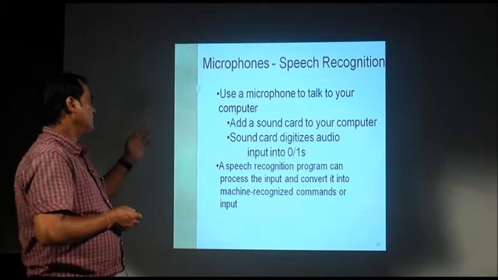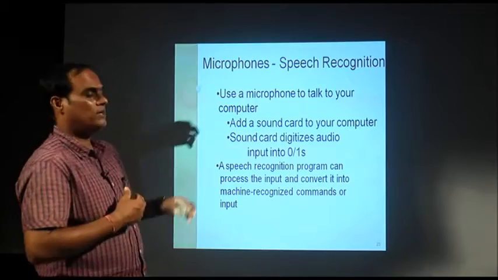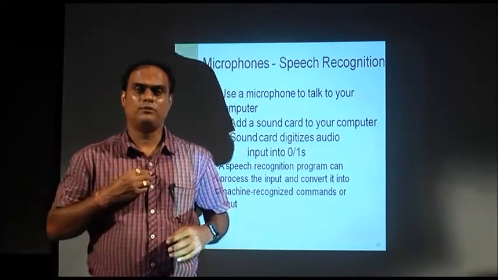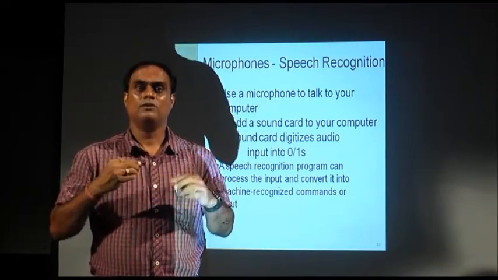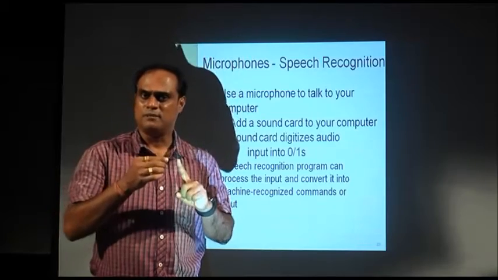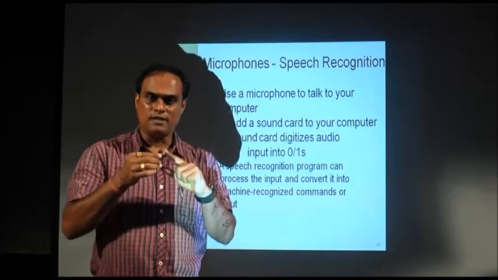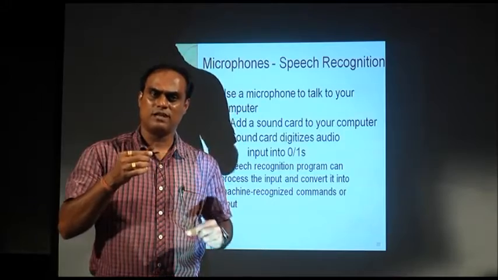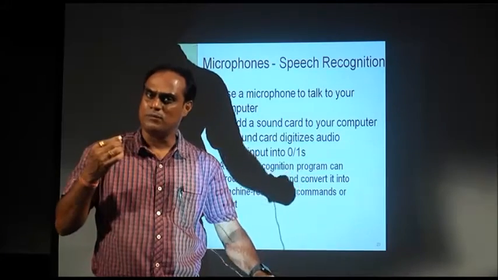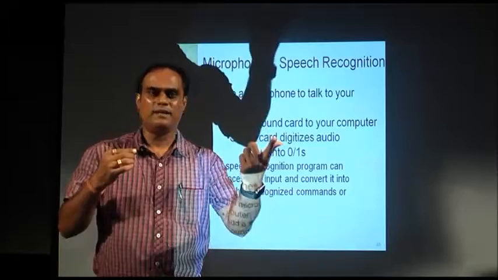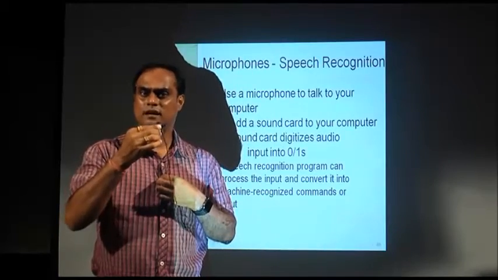When I am telling something, this is the microphone, the voice is transmitted through this, it is connected to the computer, and that is recorded. So this is known as the microphone.